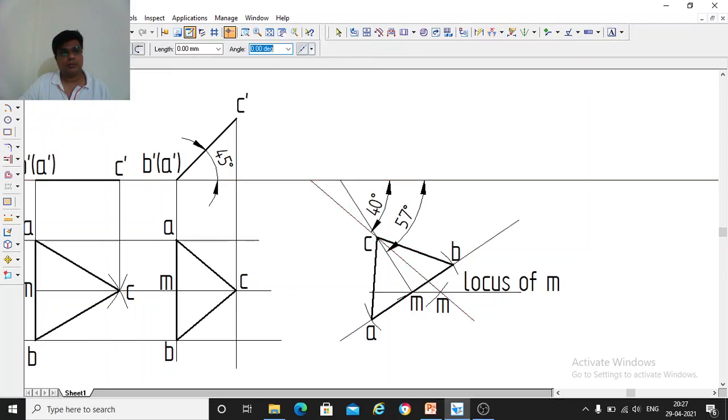To draw the front view, you take a micro tip pencil, and from all these points A, B, C, you should draw the vertical lines. Then from this front view, draw the horizontal lines.